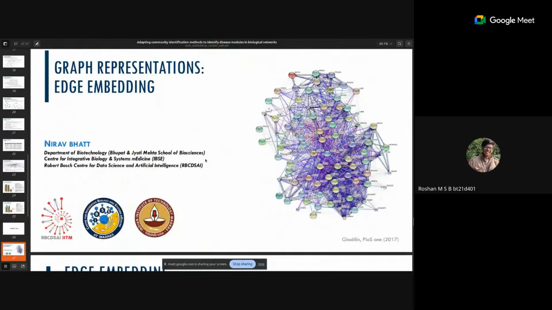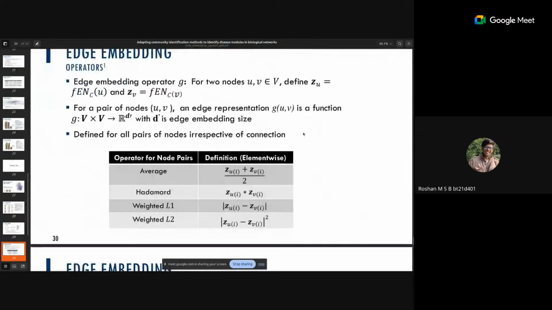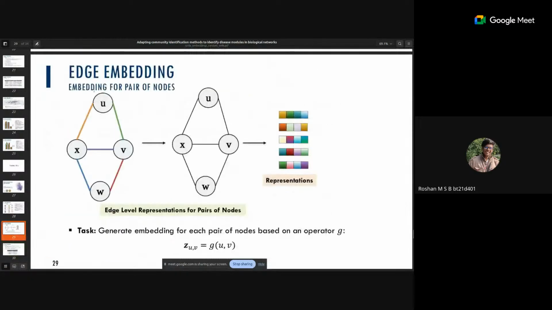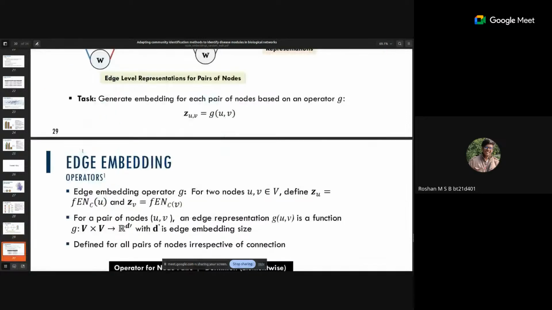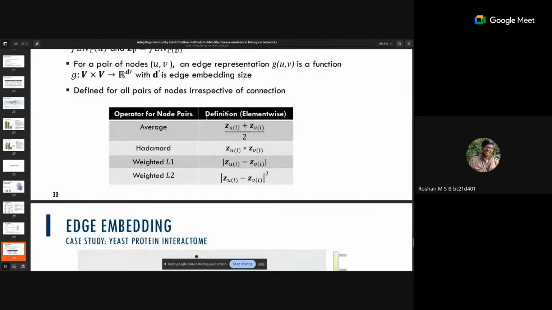Again, there is edge embedding. For each edge, you have a corresponding representation. To get an edge embedding, let's say for this specific edge u and x, you can take the average, or you can do weighted L1 or weighted L2, and these are the different kinds of operators that you can use.